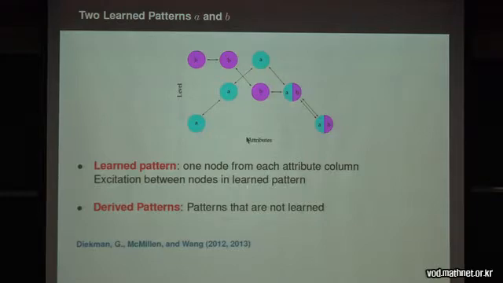So, for example, here's a system which has two learned patterns, the cyan pattern that was before and the magenta pattern. Those are the learned patterns, but I could imagine that there is a pattern which is all the middle levels, that in the dynamics, the activity variable in each of these 5 columns is the maximum at the middle. That would be a state, why not? But it's not a learned pattern, we call it a derived pattern.